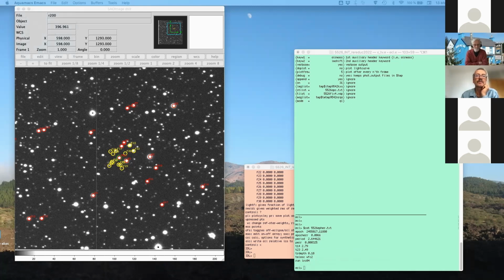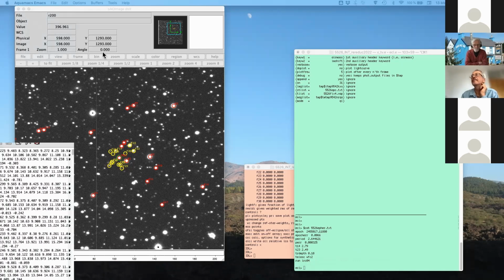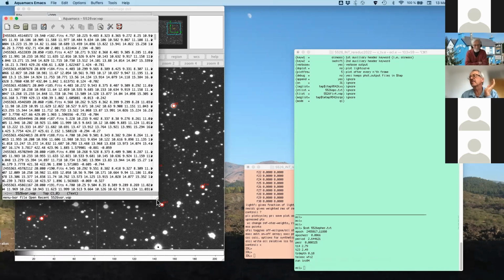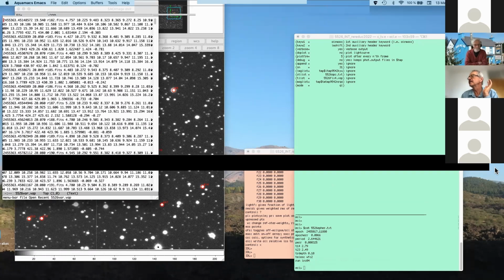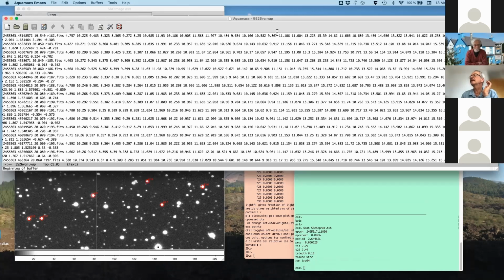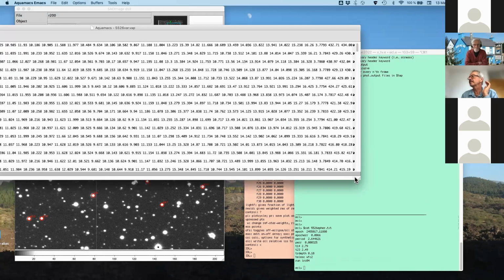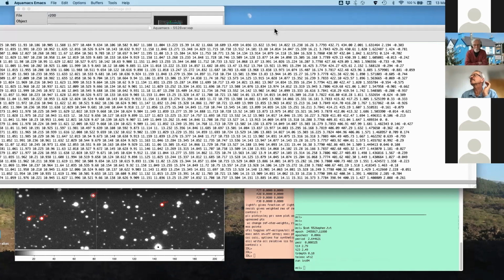Yeah. Okay. The photometry from the photometric extraction is basically a large table that it generates.